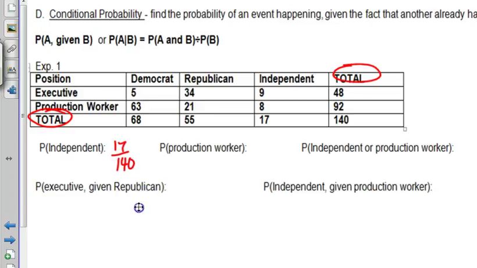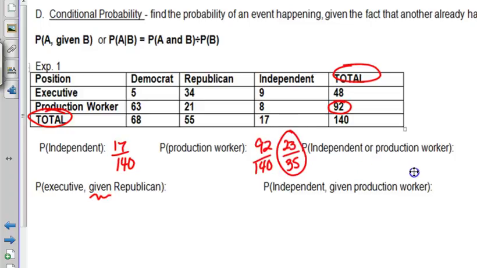The denominator is still everybody. When it says given, that's when the denominator changes, okay? Probability we pick a production worker. 63 Democrats, 21 Republicans, 8 independents for a total of 92 out of 140. 23 over 35. Thank you.